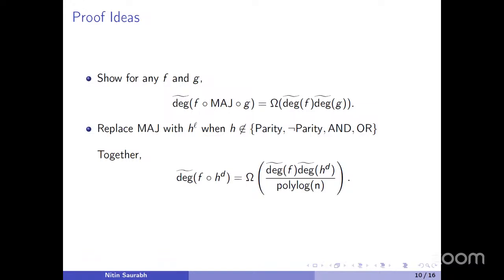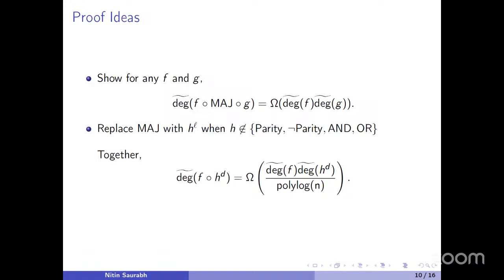So you show that for any f and g, if you plug in a majority in between, then you can prove a lower bound of approximate degree of f times approximate degree of g, right? And then if you are working with a recursive function, then you can replace the majority with some loss. That's roughly the two steps in this proof, right?